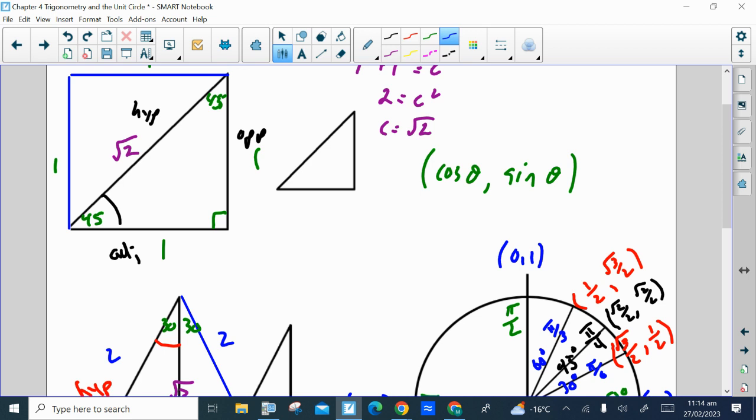And one of the trig identities that we're going to learn about and use is that for all values of theta, the tan of theta can be found by taking sine of theta divided by the cosine of theta. These points on the unit circle only give us the cosine and the sine. But we can find out what the tangent is as an exact value by going sine theta over cos theta. We can do that, right?